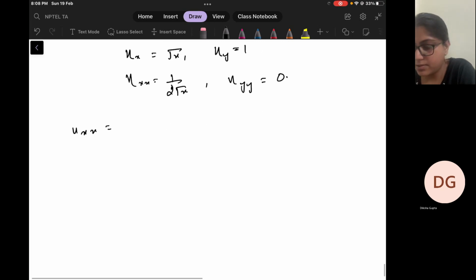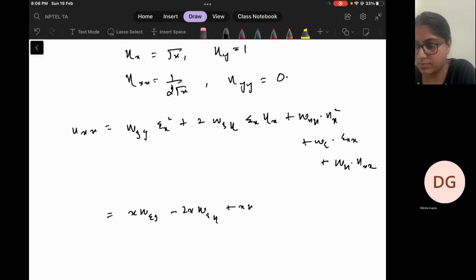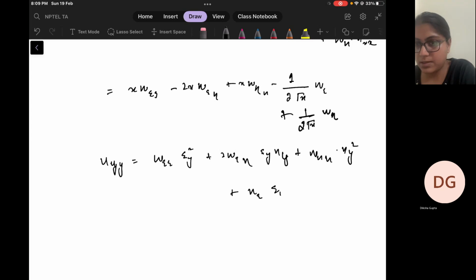So u xx will be u epsilon epsilon epsilon x square plus 2 u epsilon eta epsilon x eta x plus u eta eta eta x square plus u epsilon epsilon xx plus u eta eta xx, which comes out to be x u epsilon epsilon minus 1 by 2 root x u epsilon. So u yy is equal to u epsilon epsilon epsilon y squared plus 2 u epsilon eta epsilon y eta y plus u eta eta eta y squared plus u epsilon epsilon yy plus u eta eta yy.